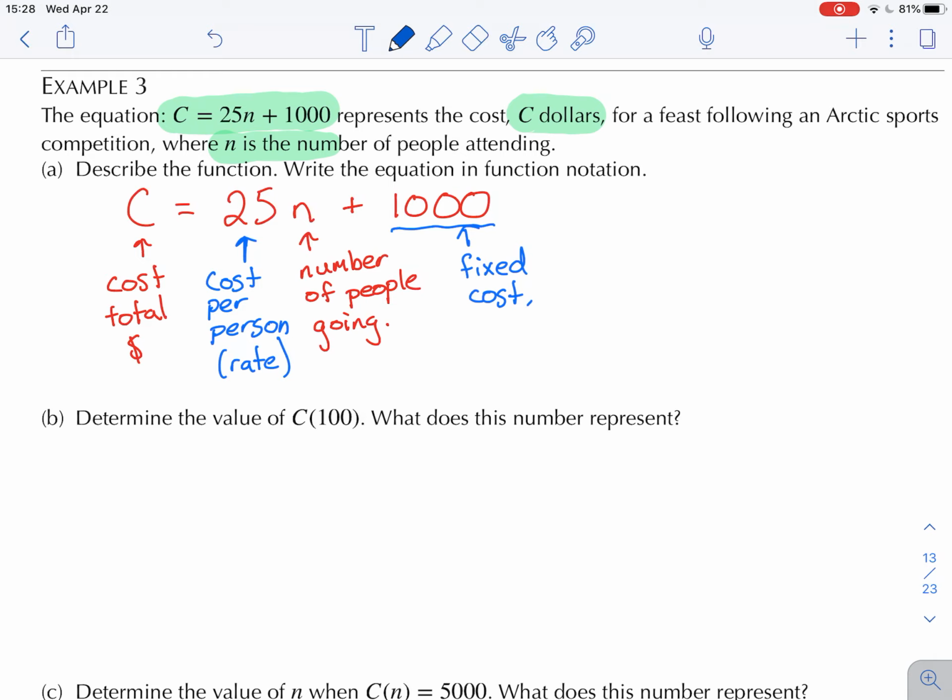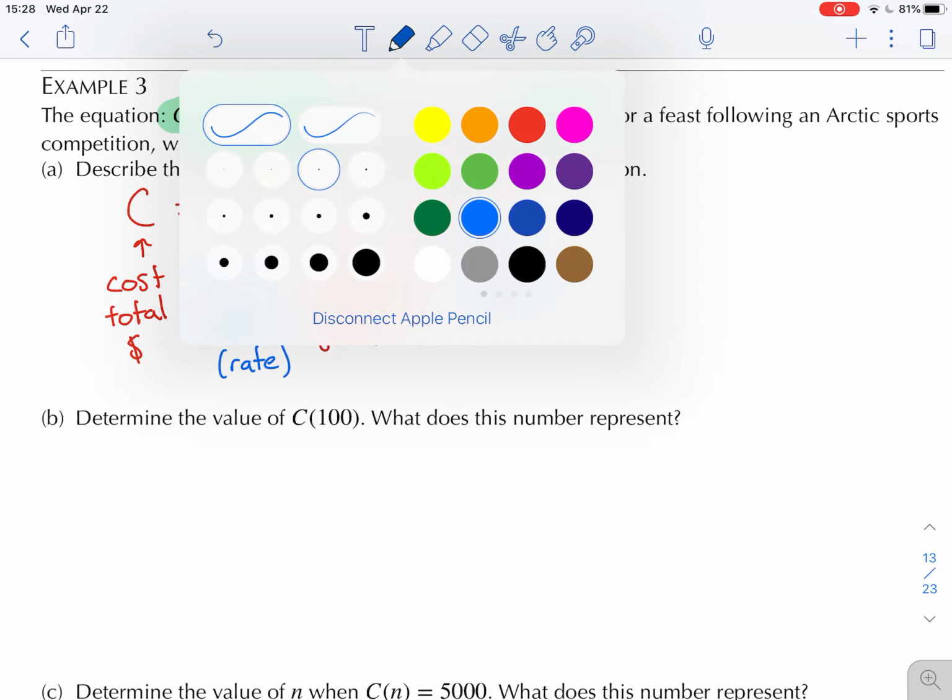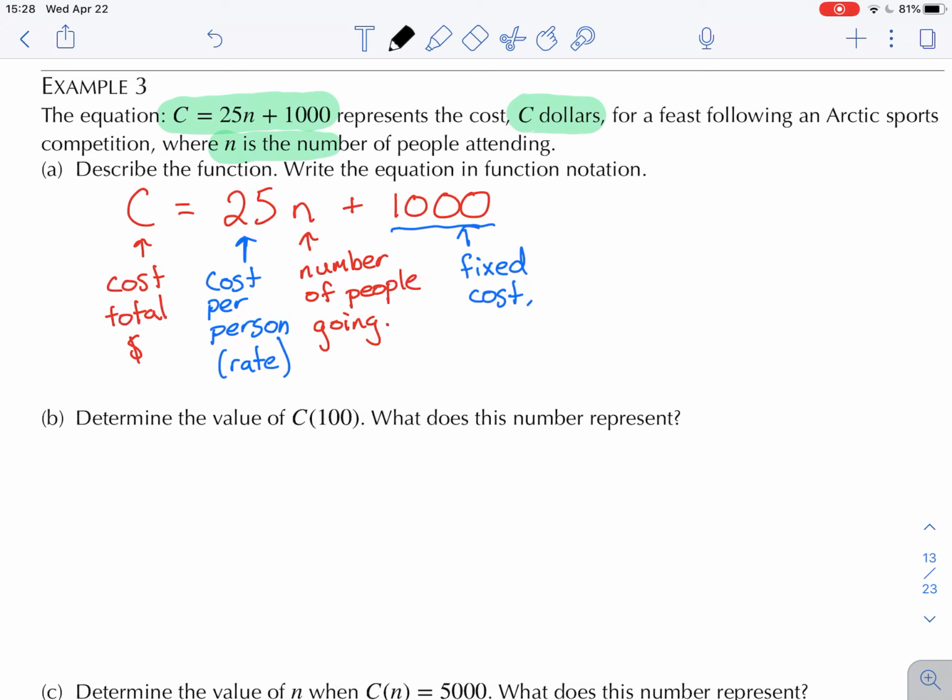If nobody shows up, if we get 0 people, we still have to pay $1,000 because we have to give the caterer $1,000 to start buying food and everything. So they have a fixed cost of $1,000, and then every person that comes is going to get an extra $25 charged. Now we're going to write this equation in function notation.